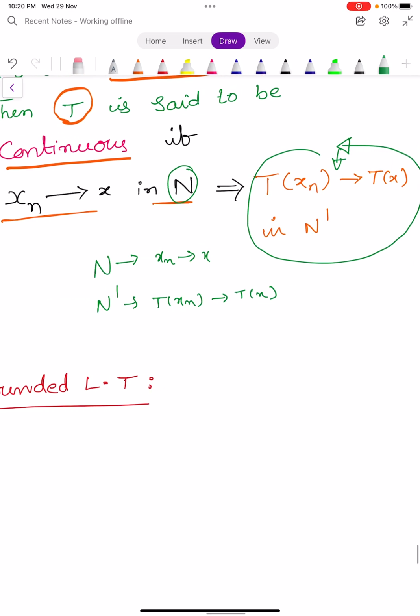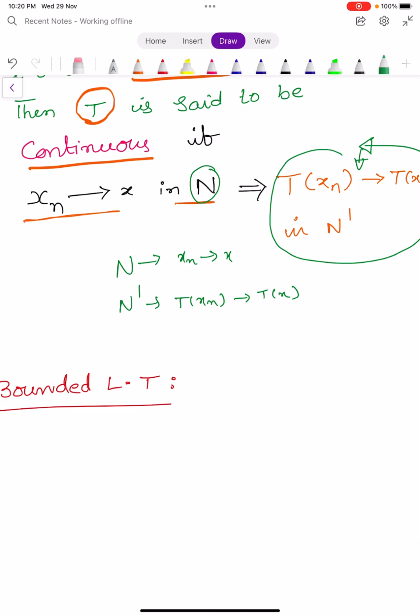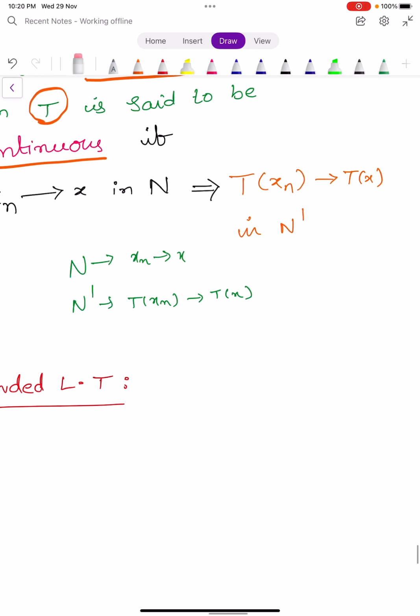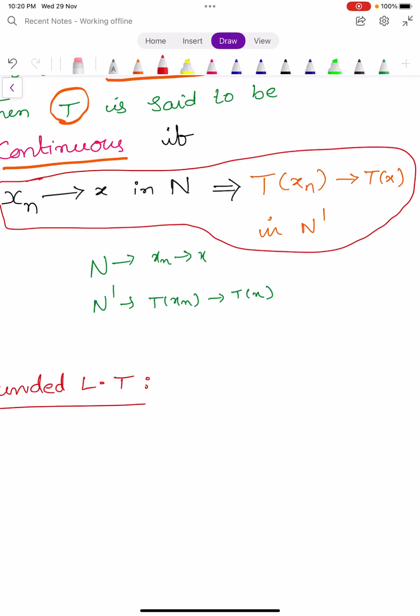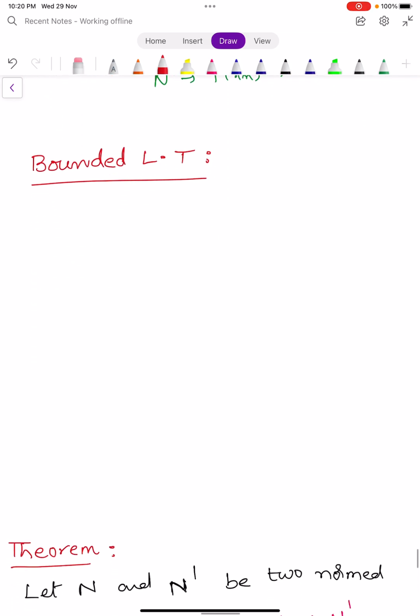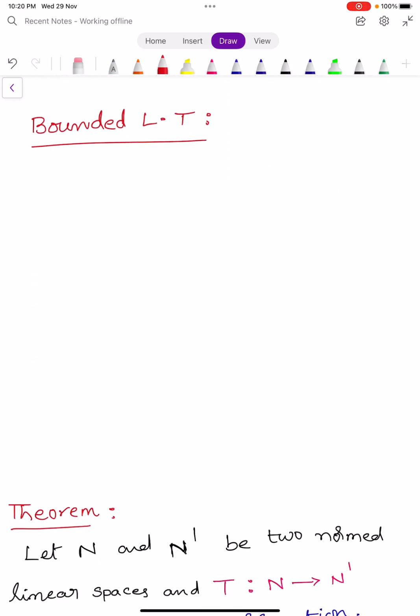So remember this condition which is important for us: whenever xn converges to x in capital N implies T of xn converges to T of x in N dash.